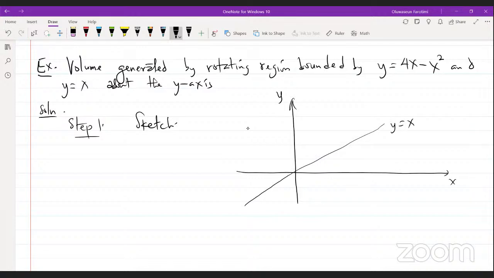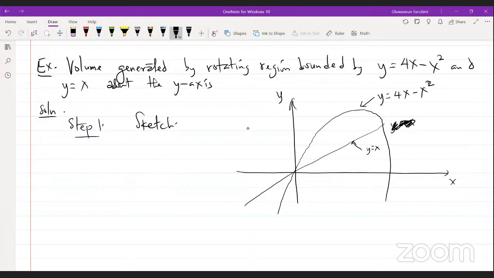But y equals 4x minus x squared is a parabola facing down, so it looks like this. This one is y equals x, and this one is y equals 4x minus x squared.